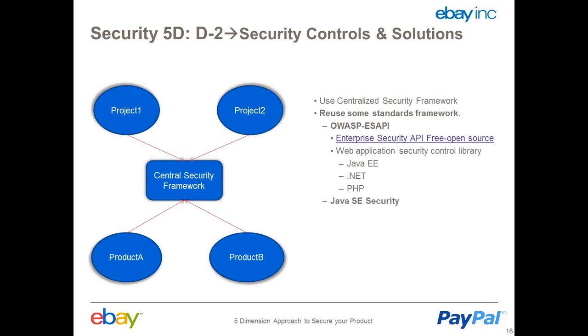Not only that, Java itself provides Java security enterprise versions. They have an enterprise version for cryptography. You can use JCA or JCE. They have a lot of methodologies where you can protect your cryptography better.